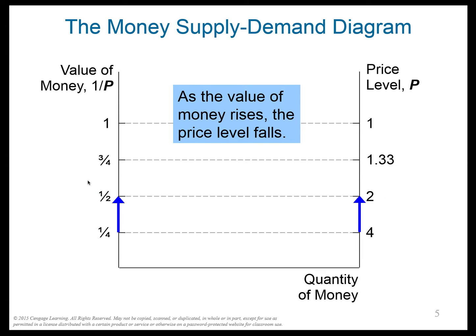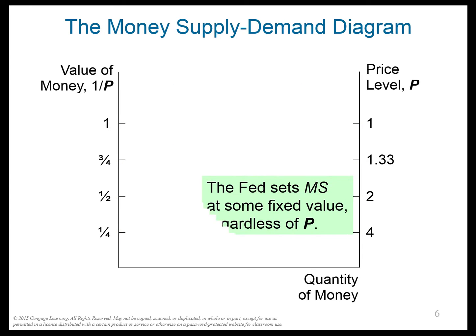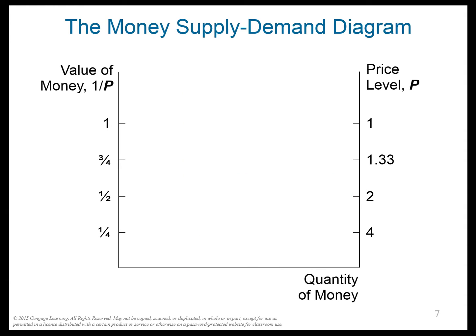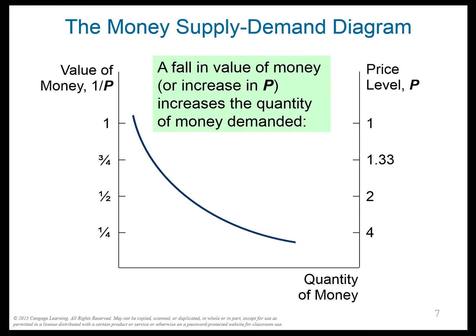It's getting stronger, basically, and the dollar is getting stronger as the price level is falling, up until this point. So the money supply looks like this: the Fed sets a certain amount of money regardless of the price, but the demand curve is downward sloping.